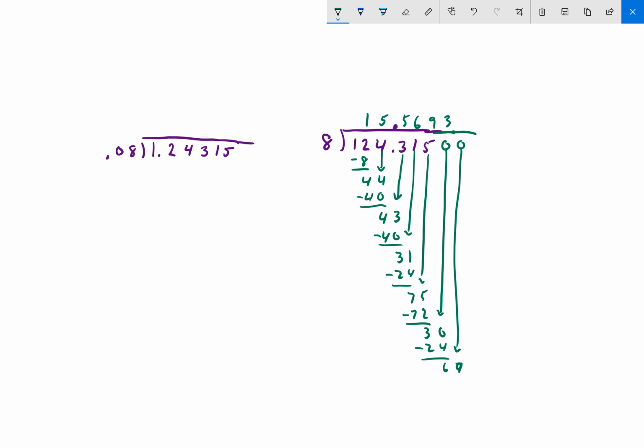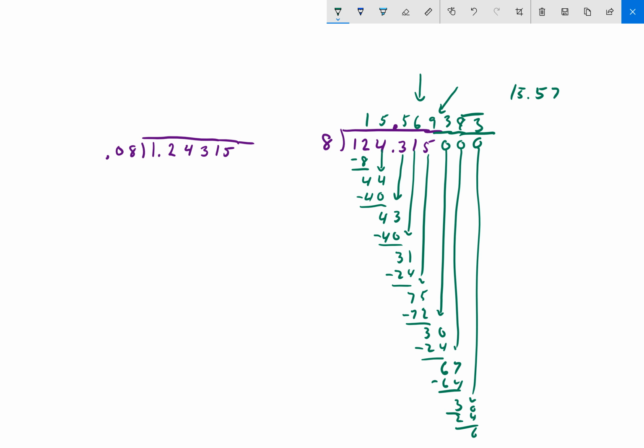Oh, that's not true. 67 minus 64, and I get 3, 0, 3, 24, I get 6, so it's going to be 83, 83, 83 repeating. That's it. If you want to round to your nearest hundredth place, you look at this one and say, oh, that's going to go up. So it rounds to 15.57.